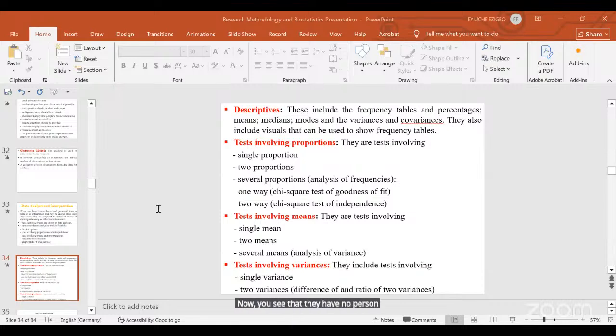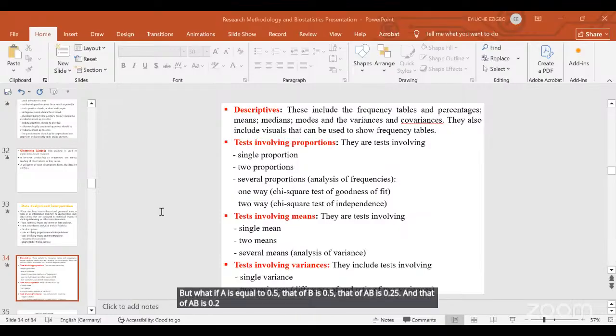If they are going to be the same, I will be saying that they have equal proportion. And 1 divided by 4 is going to be what? 0.25. Is it not so? So I will be hypothesizing that they all have the same proportion: that blood group A is equal to 0.25, that of B is 0.25, that of AB is 0.25, and that of O is 0.25, meaning that they all have the same proportion.